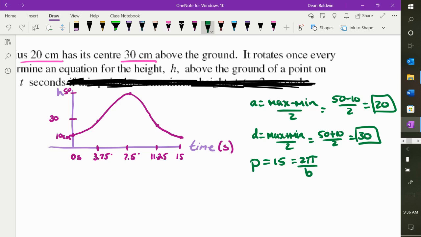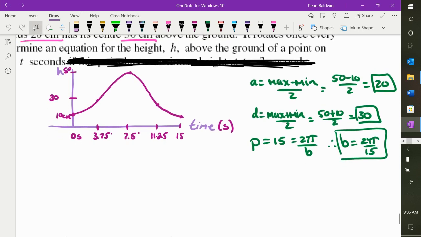So it's equal to 2 pi over B. So what's my B value? 2 pi over 15. Because there's no degrees, there's no angles in here. So long as your calculator's in rad.